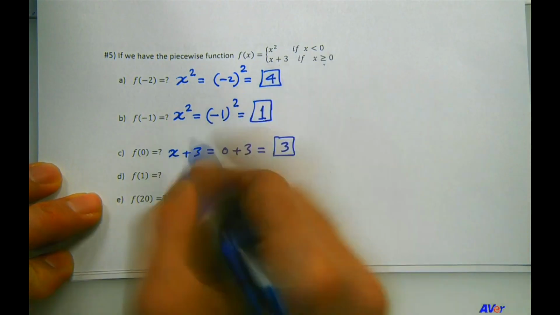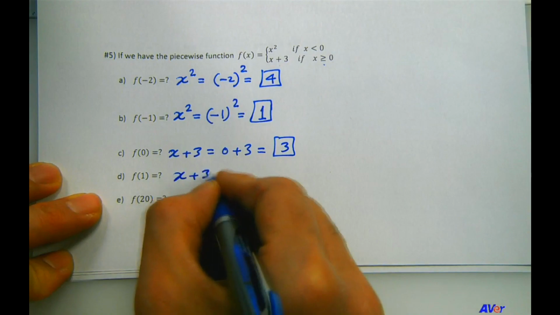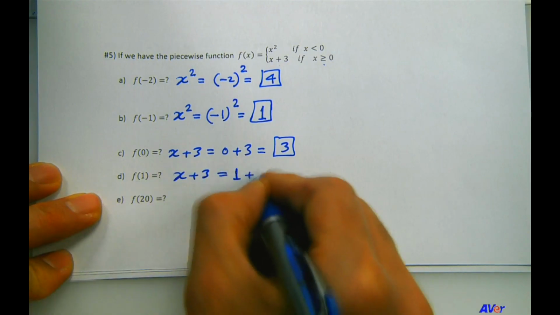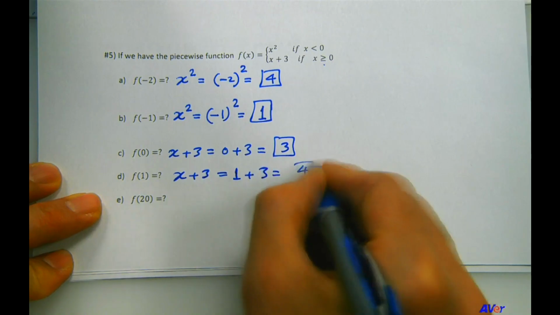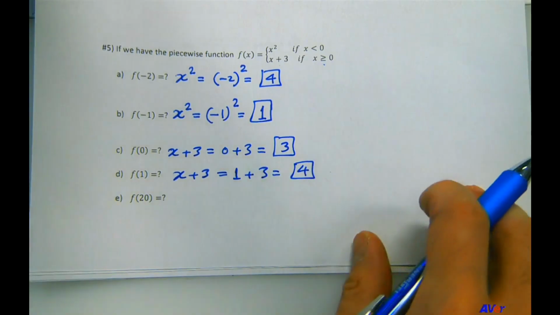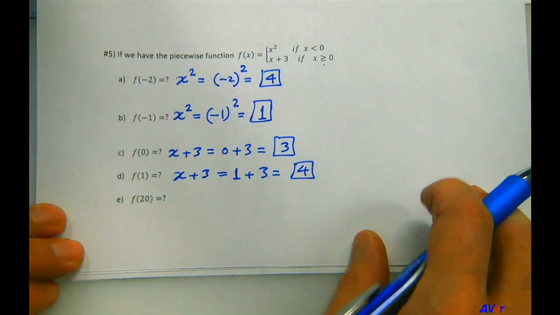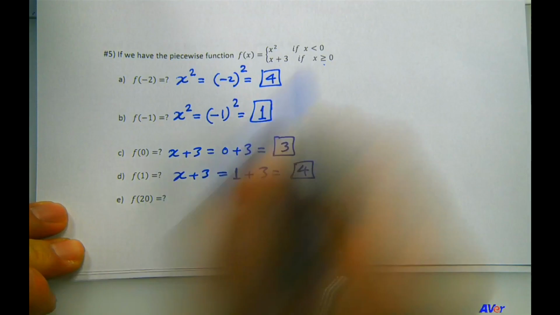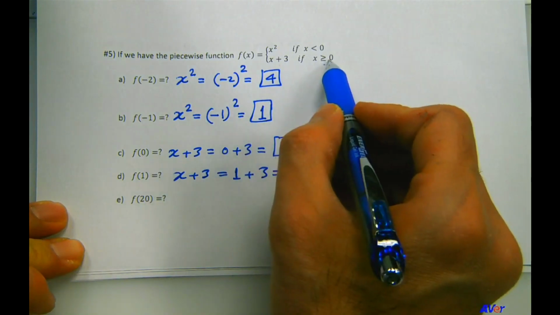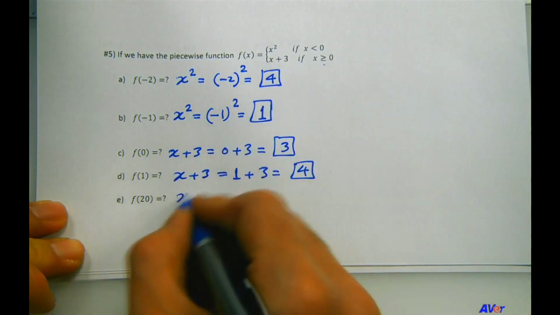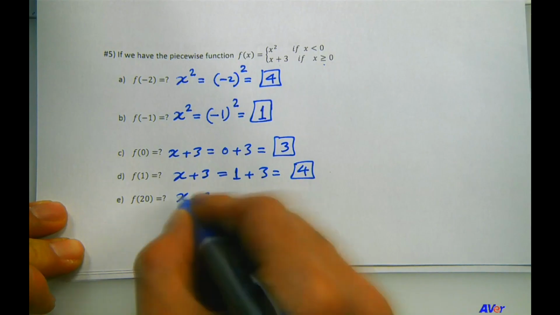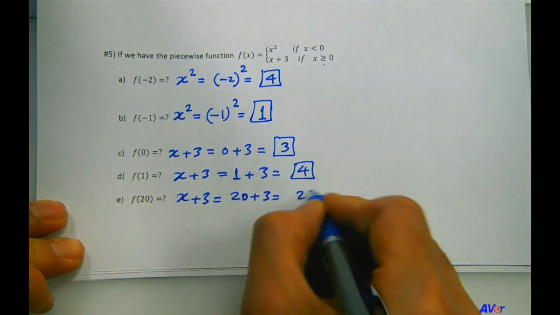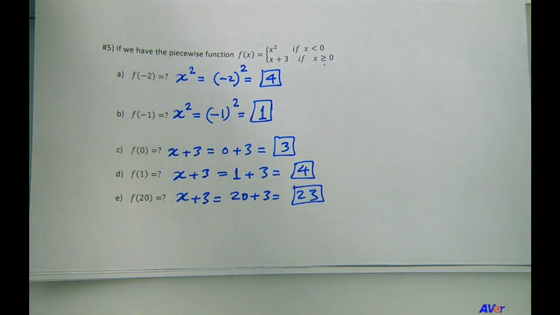So our function is that, x plus 3. Let's replace x with 1, plus 3. We have 4. Okay? So 20, x value 20 is definitely greater than or equal to 0. So this is our function, x plus 3. Replace x with 20, plus 3. We end up with 23.